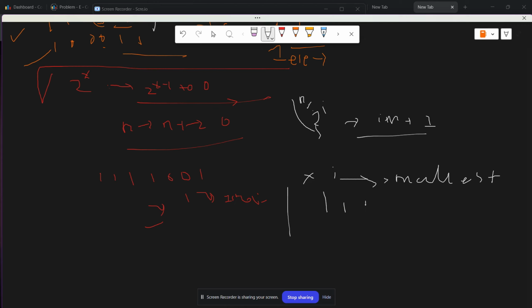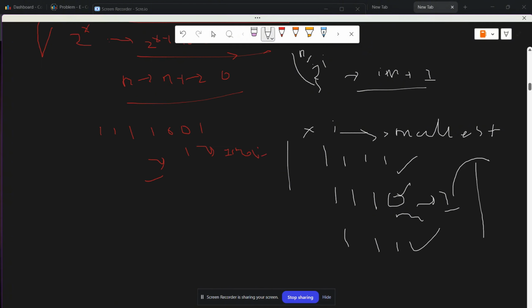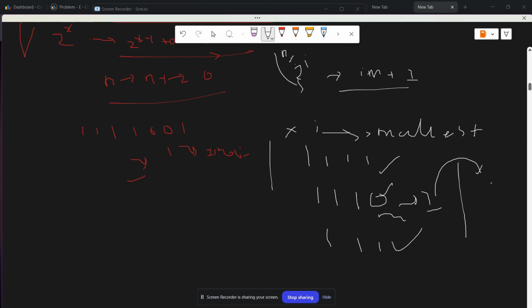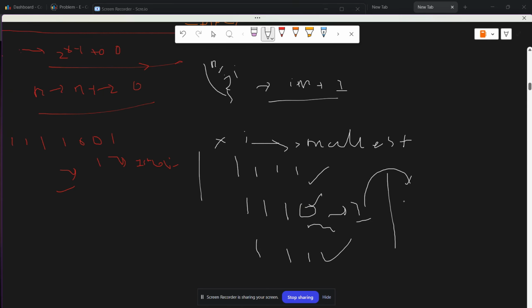That means here I can say that the first bit is different in at least one. Here it is 0, here it is 1, here it is 1. My claim is really simple. I am saying that the first bit that is different in at least one can also be different in more than one.